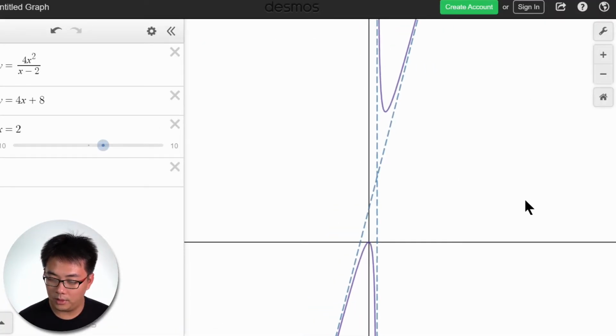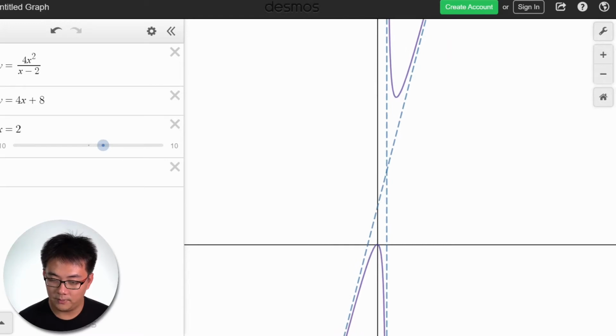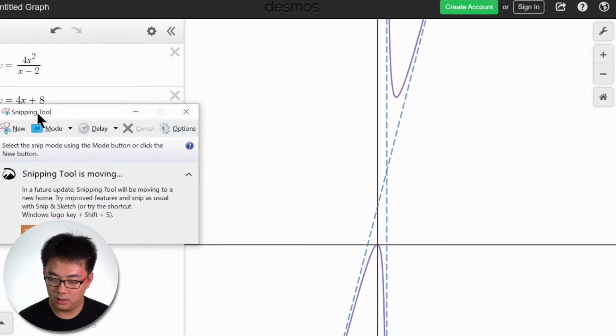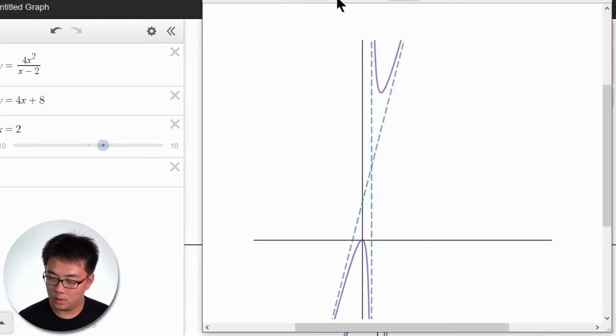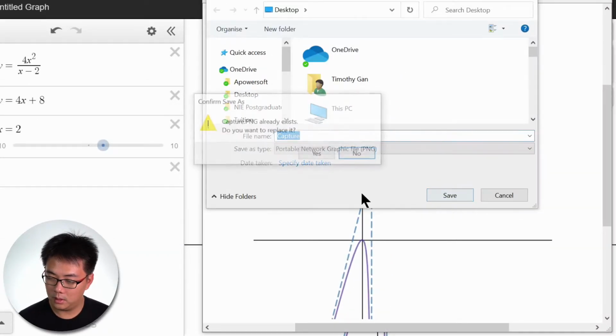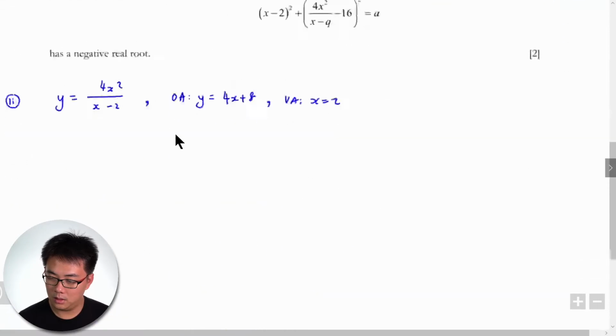So what we're gonna do is actually just sketch this part here. This one looks a bit squished, so I'm just gonna save this. Go.